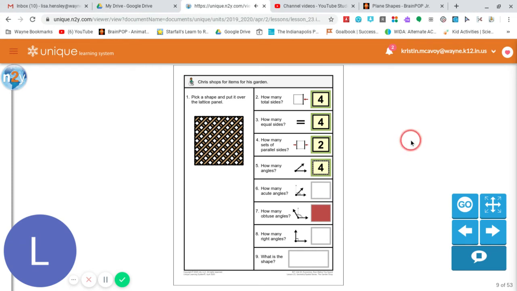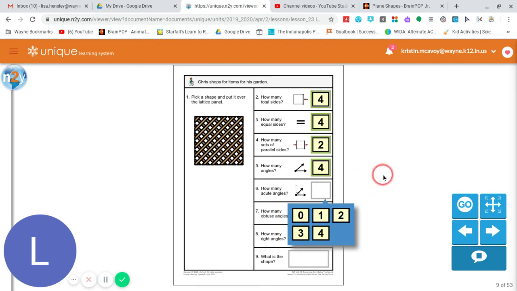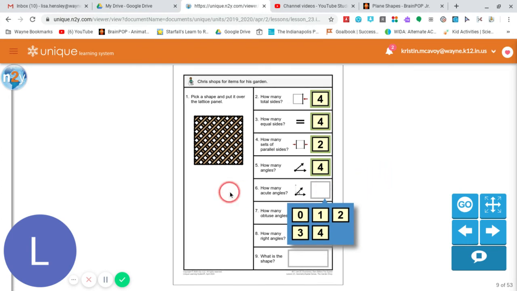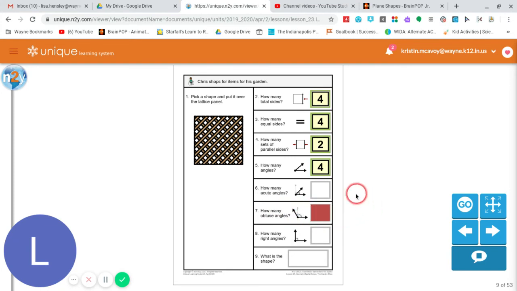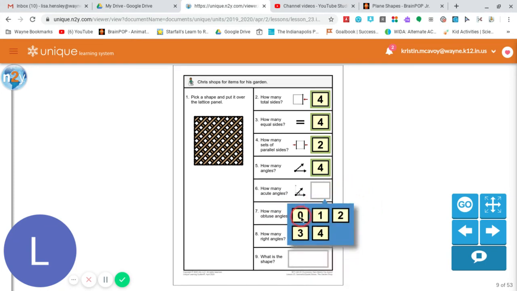Now, it asks how many acute angles, and those are going to be angles that are close together. There are no angles that are close together. Actually, I'm going to put 0. Do you see how the angles are perfectly square?